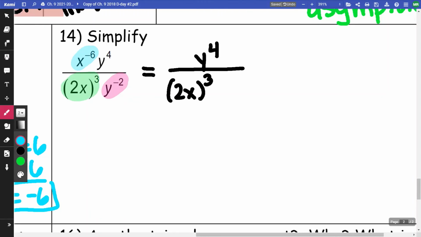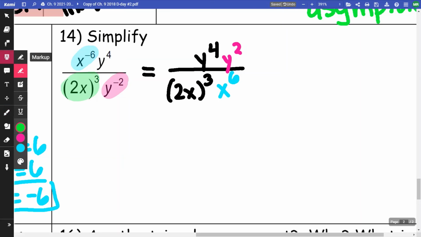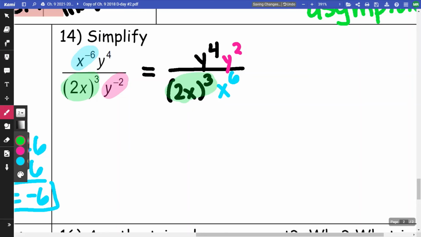The x to the negative 6 from the top is going to move to the bottom, and now it's going to be a positive. The y to the negative 2nd from the bottom is going to move to the top, and now it's a positive. Now I still need to deal with this, 2x being raised to the 3rd.